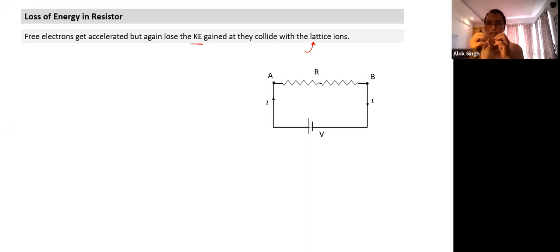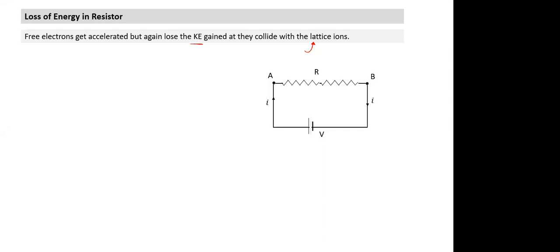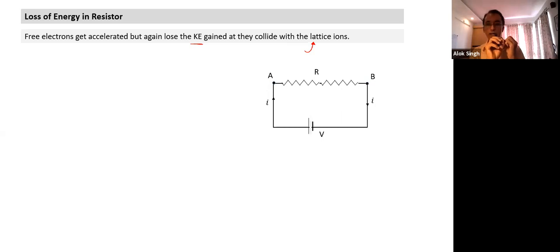And what form of kinetic energy will the atom have? An atom cannot have translational motion, but ions can have vibrational motion. So whatever kinetic energy the electron has gained gets transferred to the ion, and as the ions gain more energy, their oscillation energy increases, or the temperature of the resistor increases.